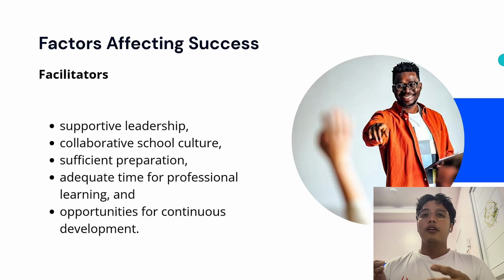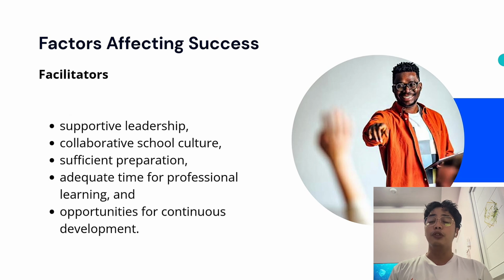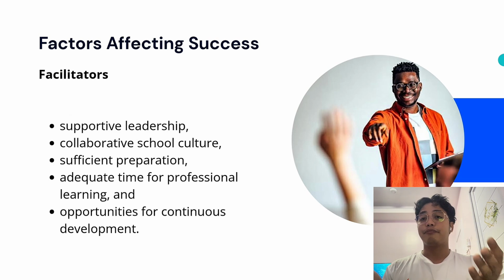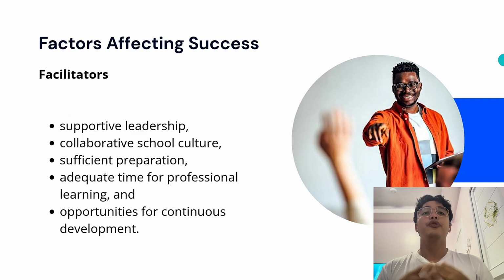Okay, so whether we like it or not, we really need to have a supportive leadership in terms of implementing differentiated instruction. Collaborative school culture. This one really matters also the same, because without collaboration from your co-teachers, it would be very hard for you to implement this one. The next is sufficient preparation.